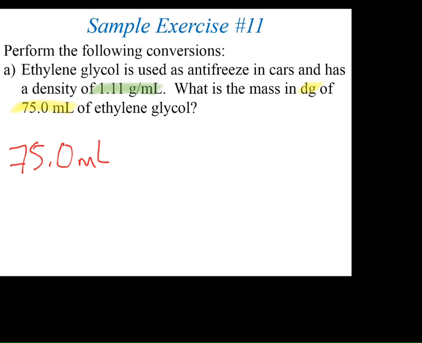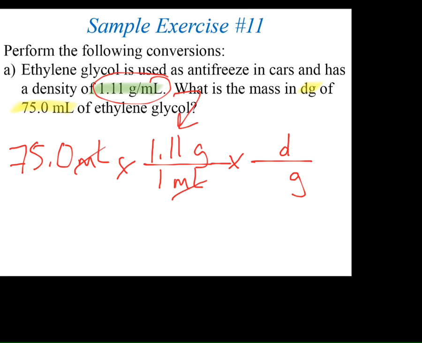The density converts milliliters into grams, right? So how would I write that in there? 1.11 grams on top, and then 1 mL on the bottom. Everybody see that? Four of you nodded at me. Okay, awesome. Good.